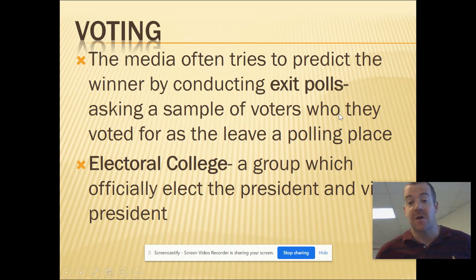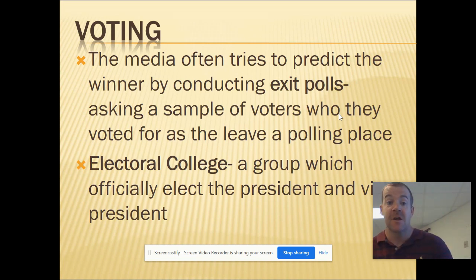Now, this is another question. You should know this as well. The Electoral College. That's how the President of the United States is chosen, by the Electoral College. It's not, for instance, in the last presidential election between Hillary Clinton and Donald Trump, Hillary Clinton, more people voted for her.